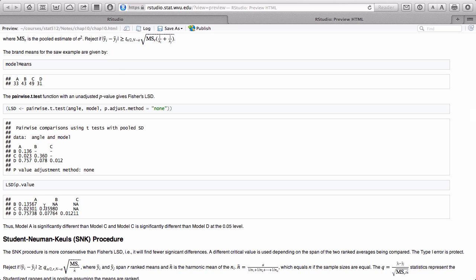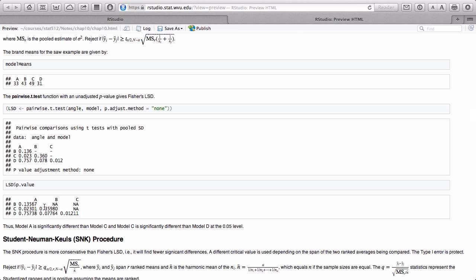So if I have those outputs, for example, I could stretch them out into a vector, and from that vector, by a little bit of coding, I could have various ways of representing what the mean differences are. You can see what they are, of course, by looking at the ones that are less than 0.05: A versus C, and these are the four models of soles, A versus C and C versus D are both significantly different at the 0.05 level.